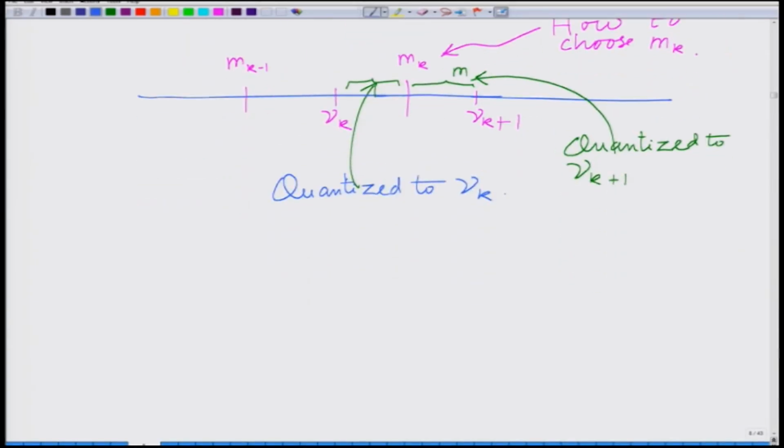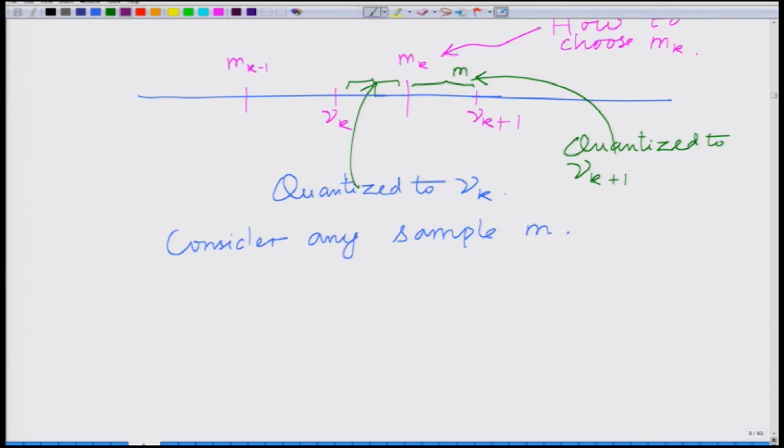Therefore, we have to choose the threshold in between nu k and nu k plus 1 such that the quantization error is minimized. Let us consider any sample m.